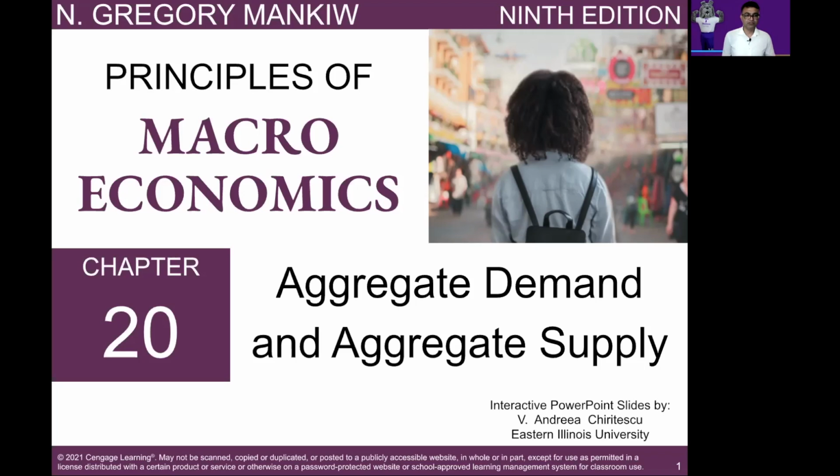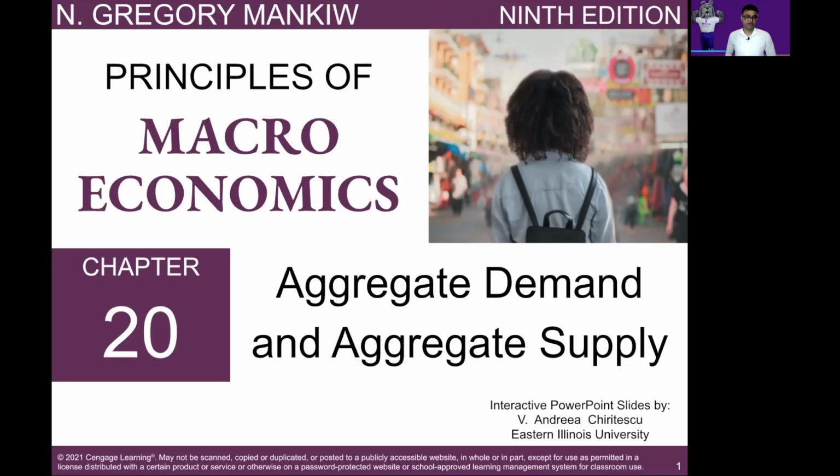So if you are able to understand this model, I think you will be able to understand how the world works, and then the following chapters will be easier to learn.